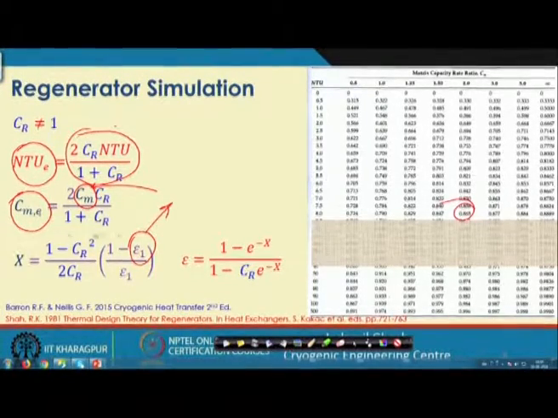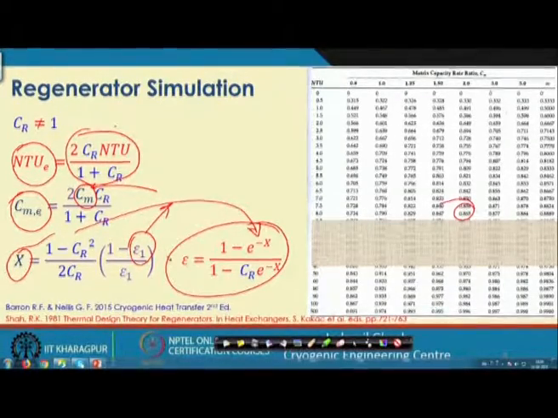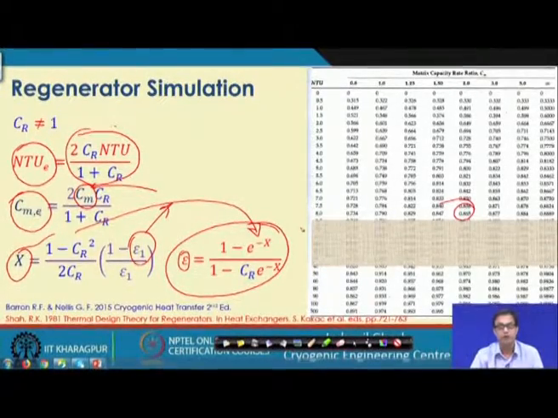Based on that epsilon 1 we need to find another parameter x, and when we put that x in this equation we get the actual regenerator effectiveness. This is how we can make use of this chart suggested by Kays and London, and subsequently modified by Arkesha, to find the effectiveness of the regenerator when CR is not equal to 1.